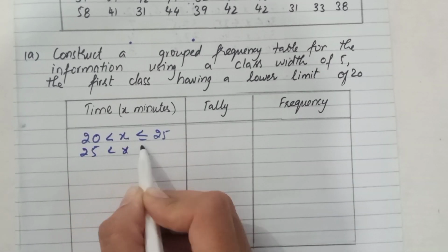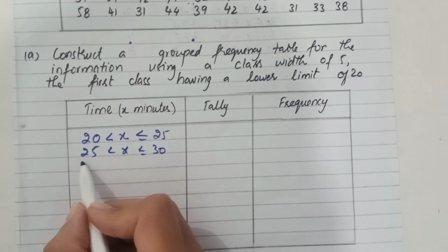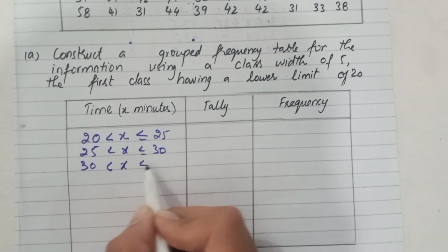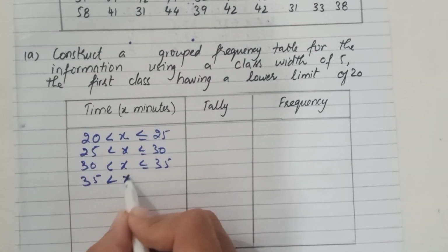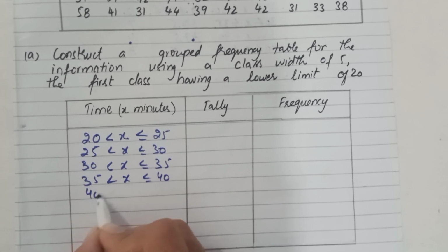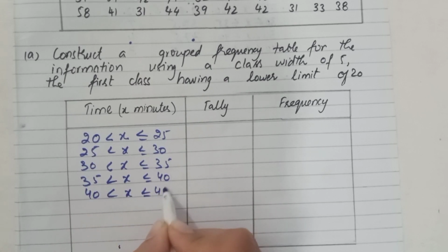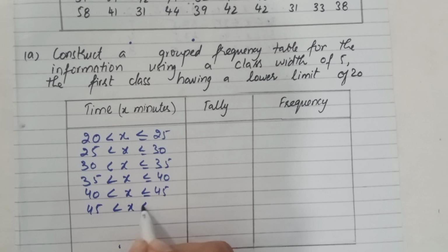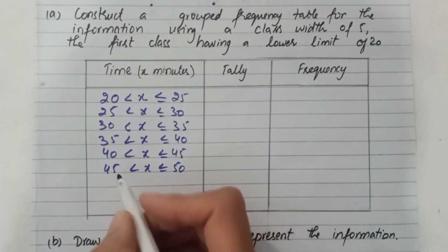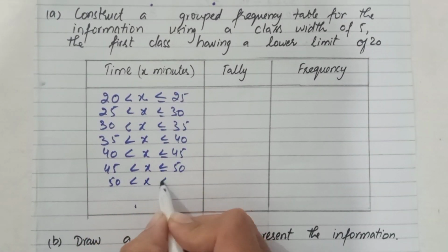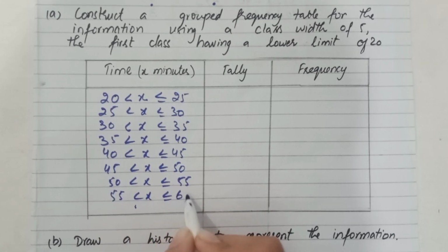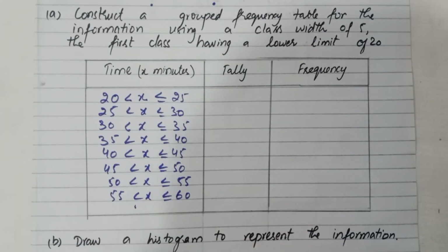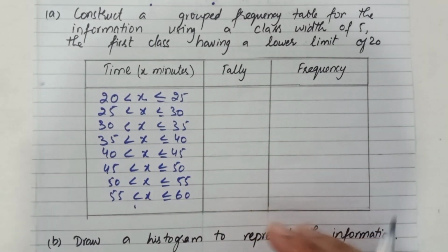From 25 to less than 30, and then 30, 35, 40, 45, 50, 60. Now friends, these are the class limits, and now we have to find the frequencies.